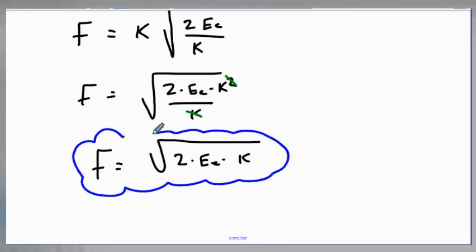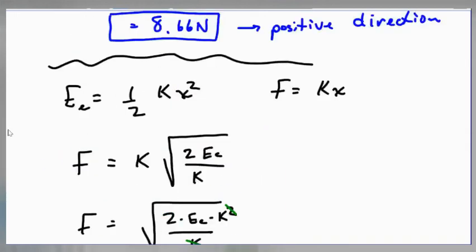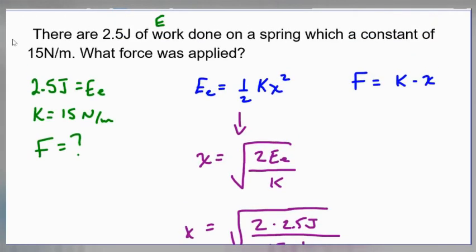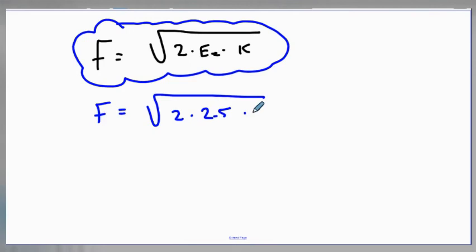Might be a little bit less work to get the answer in the future. Just to see if it does the same thing, this is going to be the square root of 2 times 2.5, because that was our energy, and K was 15. So 2 times 2.5 is 5. 5 times 15 is 75.